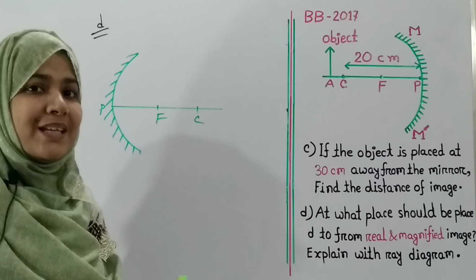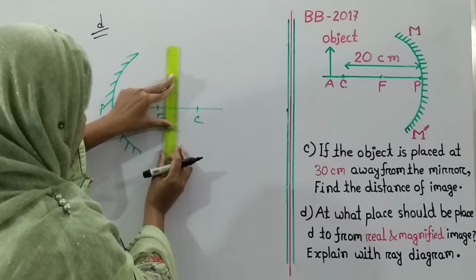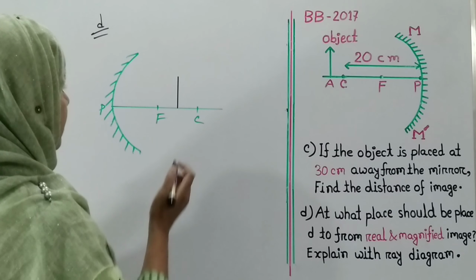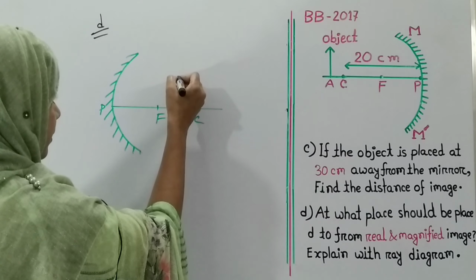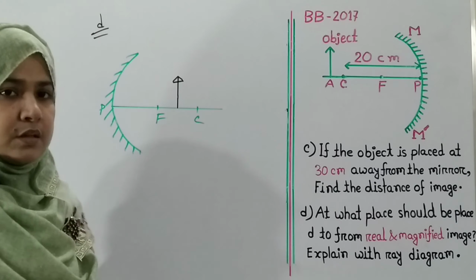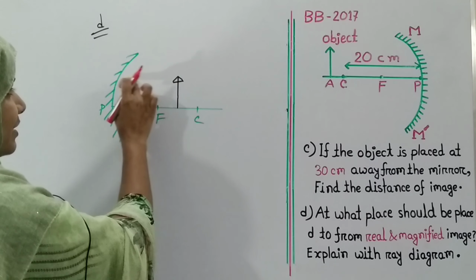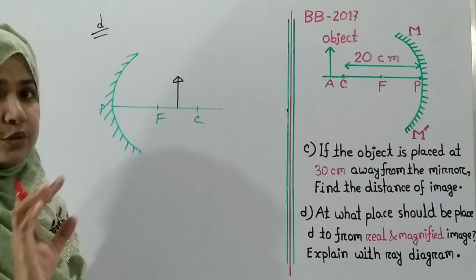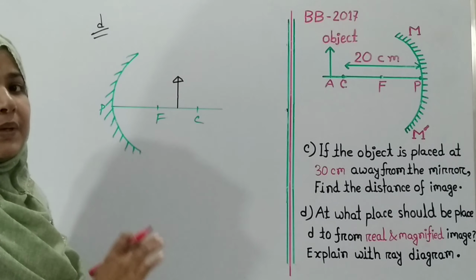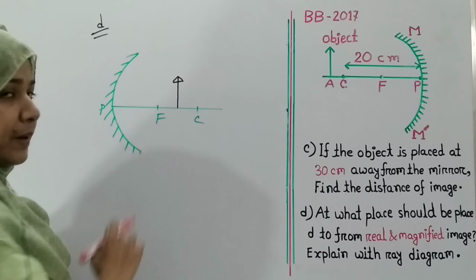Now we are going to place the object between F and C. So firstly a ray will come parallel to the principal axis, and you know that whenever a ray is incident parallel to the principal axis, that ray will reflect through the principal focus.